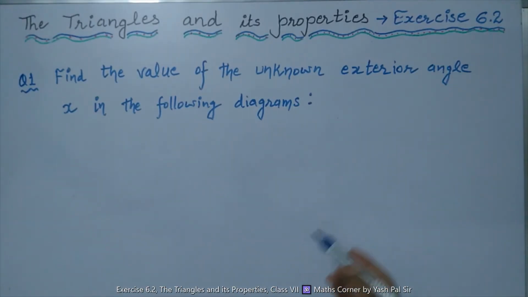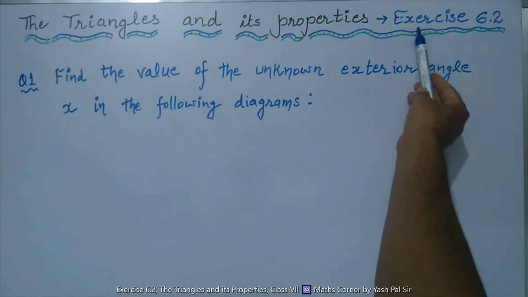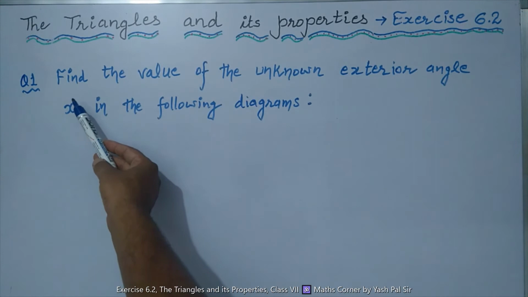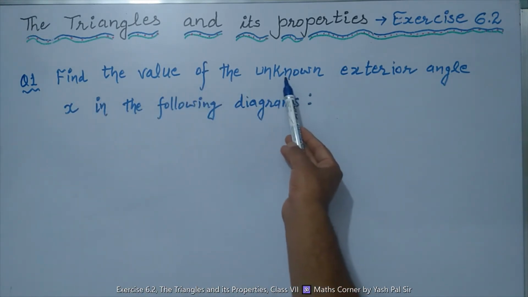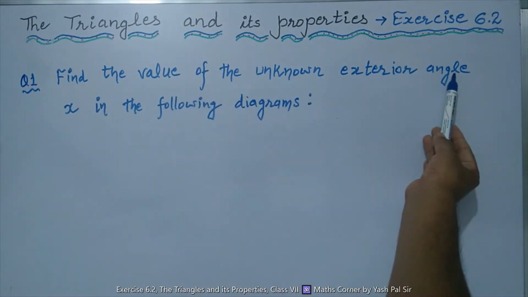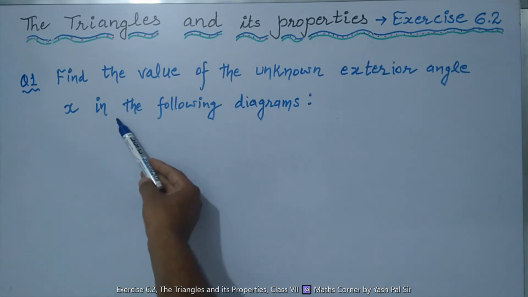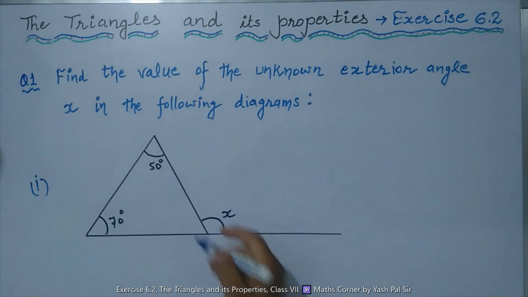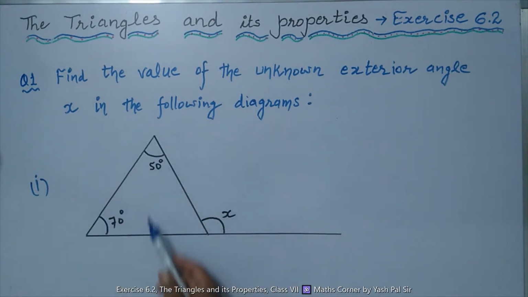Now we shall discuss the questions of exercise 6.2. The very first question is, find the value of the unknown exterior angle x in the following diagrams. So what are the diagrams? This is the first part. X is the exterior angle.